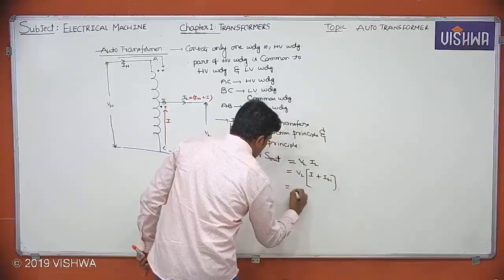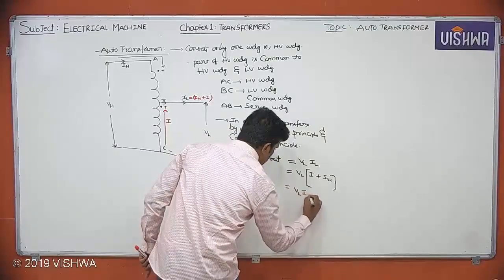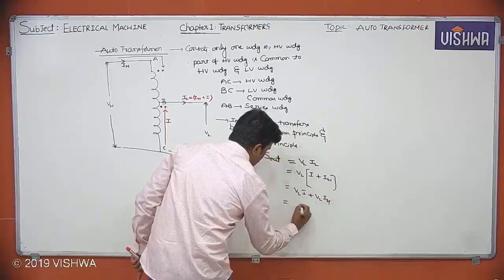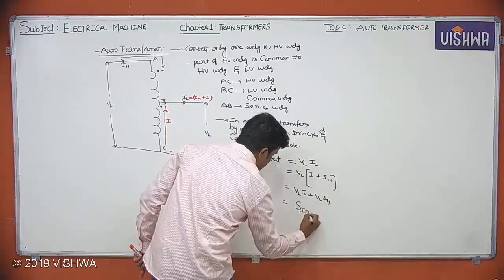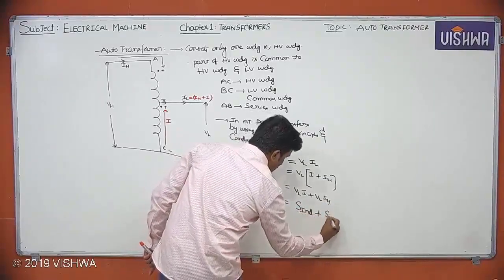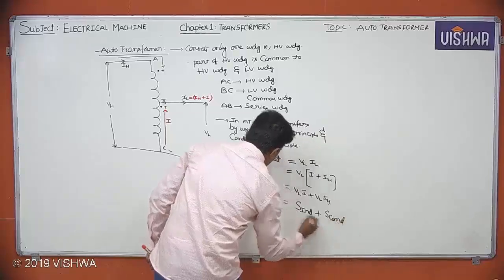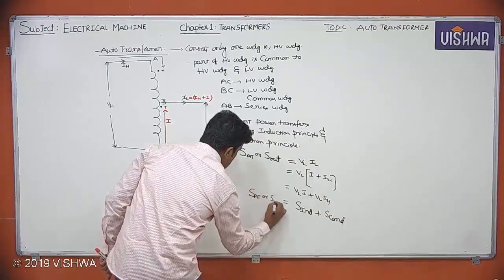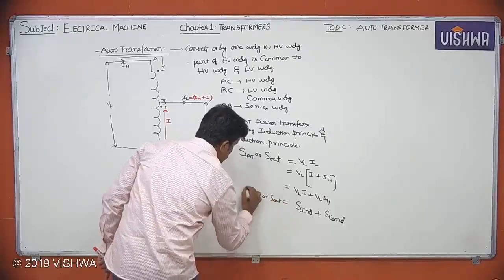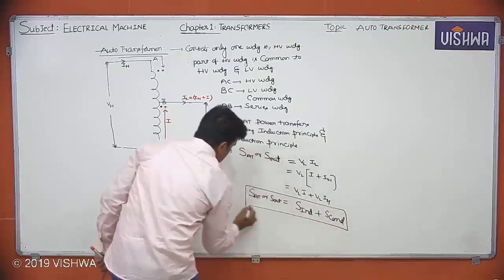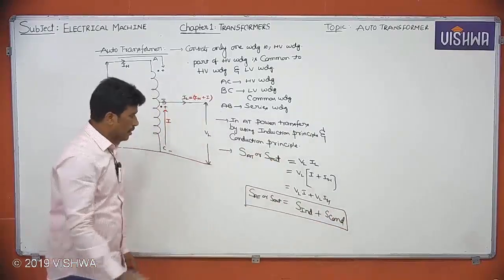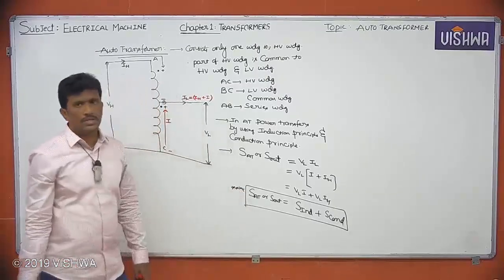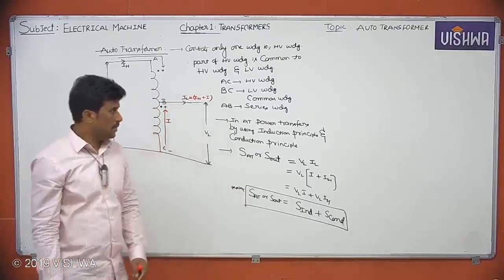So this will be equal to VL into I plus VL into IH. From this I can write this can be taken as S induction power plus S conduction power. So S auto or S out is equal to S induction plus S conduction. Okay. So you just try to remember only one point here. In auto transformer, power transfers by using induction principle and conduction principle.